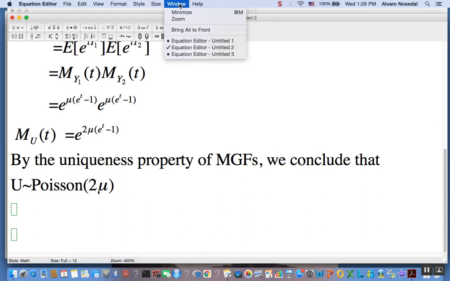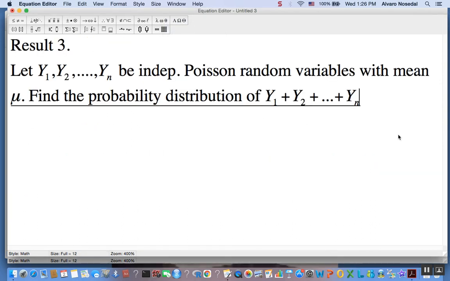And more importantly, later tonight you will show that the sum of n independent Poisson random variables with mean mu again has a Poisson distribution, but with parameter n times mu. That result will be useful for an example that we're going to talk about later. We're going to analyze data coming from a Poisson distribution, data with Poisson likelihood, and that result will be useful. Okay?